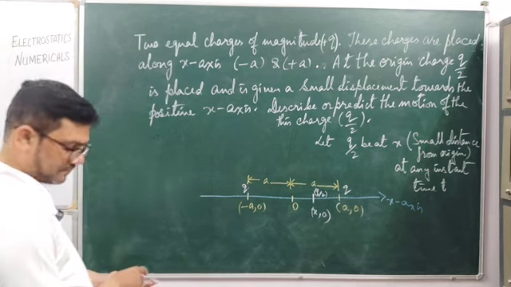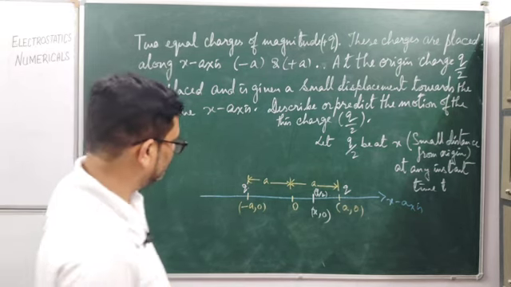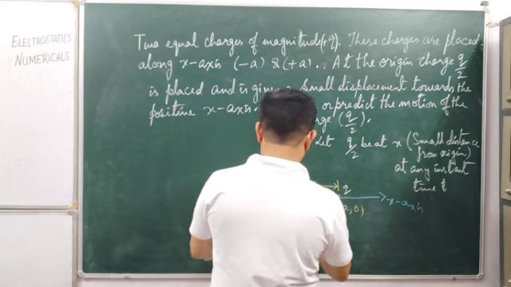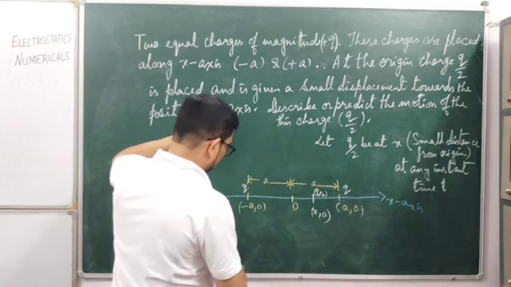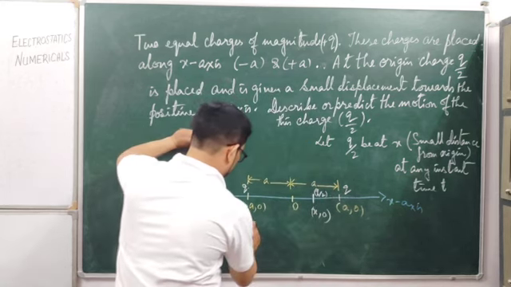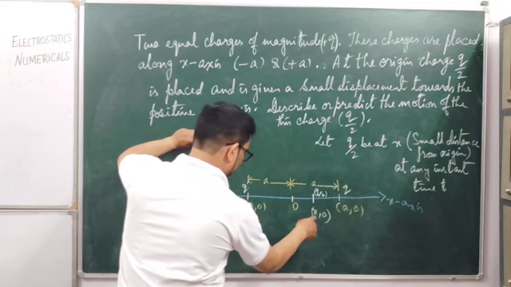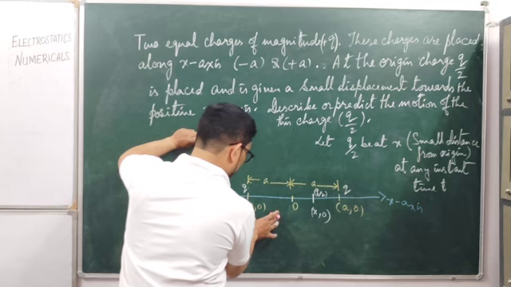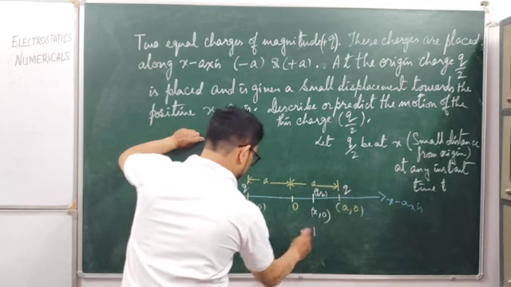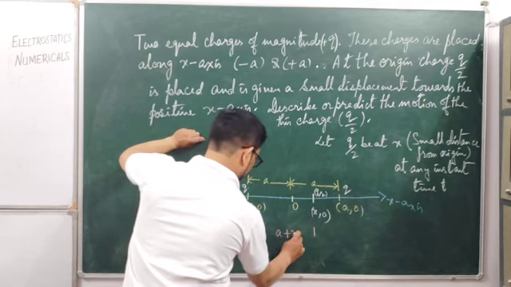Okay, now we need to describe the motion. So let's see if we are able to figure out the resultant equation. If this is the position now and we want to find the distance from this Q to this, here it is a, this is x, so this distance is a plus x.